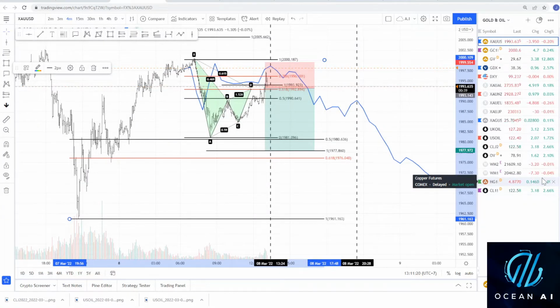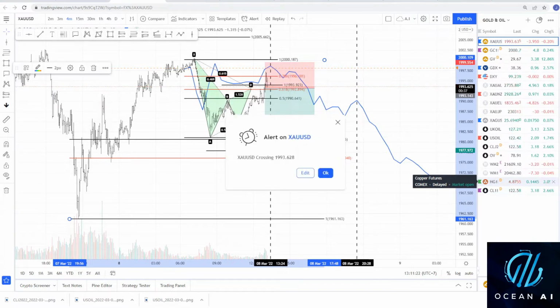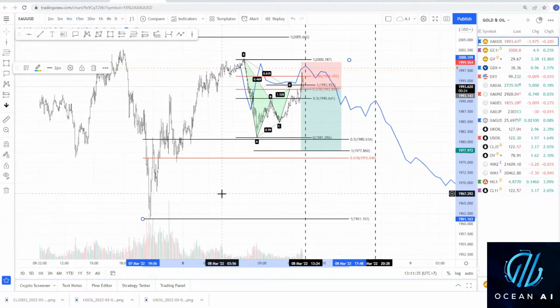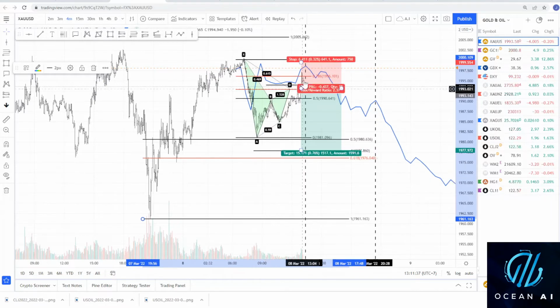Today I just wanted to have a look at the gold and oil markets. The gold trade that we're in now triggered at 1993. Stop loss is at 1995.50. What I'm looking at here, so the idea is with the AI, and we've had this Gartley into here, into the time.